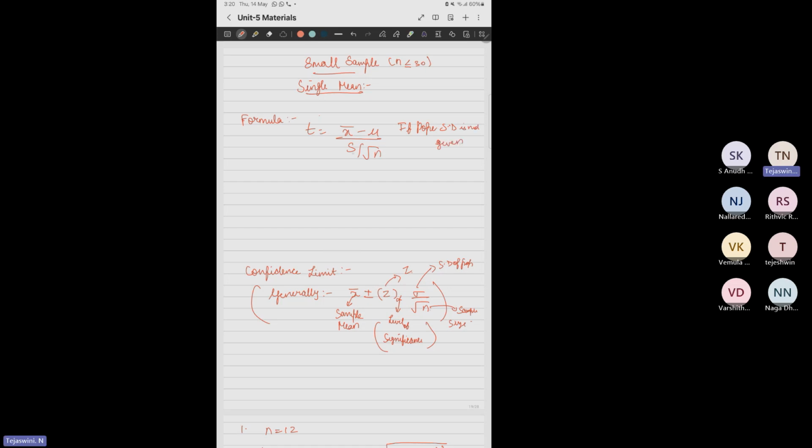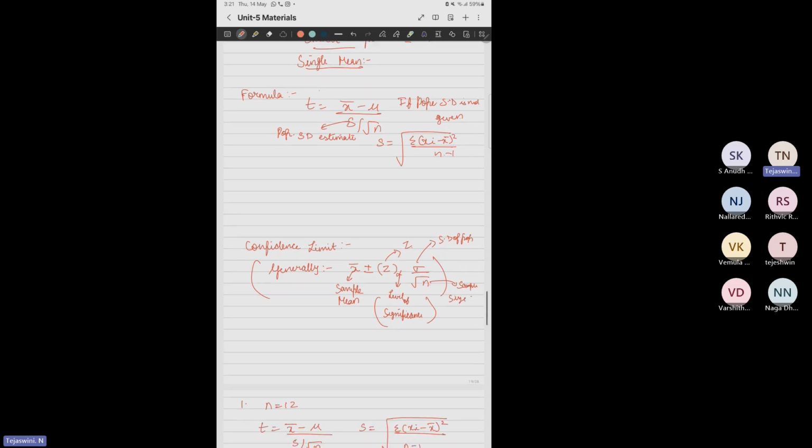This is called the population standard deviation estimate, which is equal to root of sigma xi minus x bar the whole square by n. The normal formula is divided by n minus 1, which is the normal formula for standard deviation.